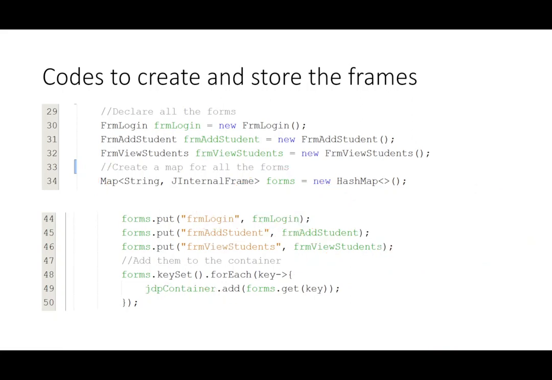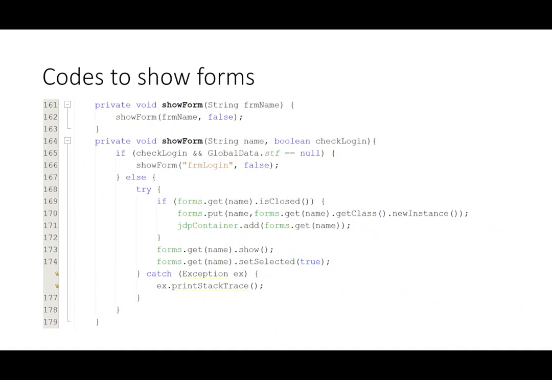Then similarly after that, you're going to create code to show forms. When you show a form, you need to give the string name, and whether you need to check for login or not, because when you show some forms you may just let users see them freely, but other times you may need to check if the user has already logged in.